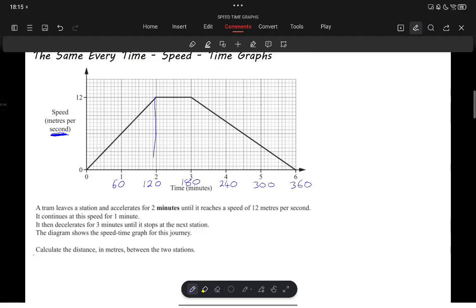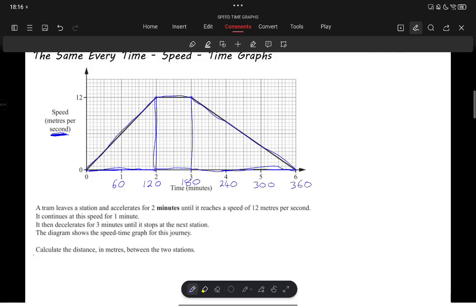Remembering that distance traveled on a speed-time graph is the area under the graph, we can split this into 3 shapes. We have a triangle at the beginning, a rectangle in the middle, and another triangle just there. So triangle, rectangle, triangle. And we can work out the area for each of these.